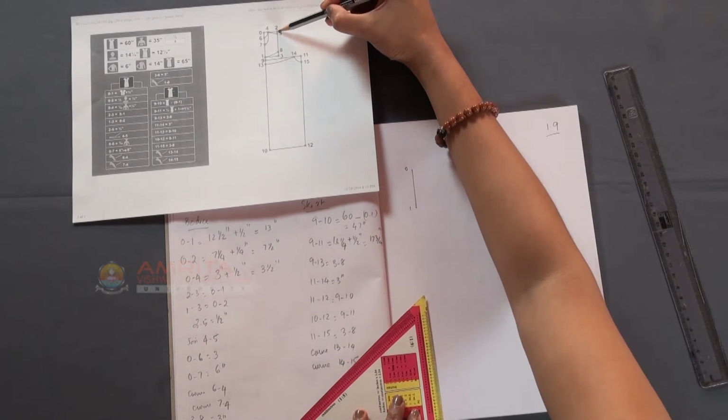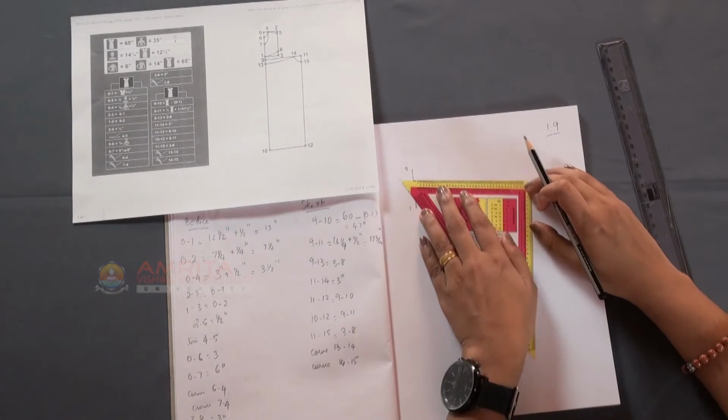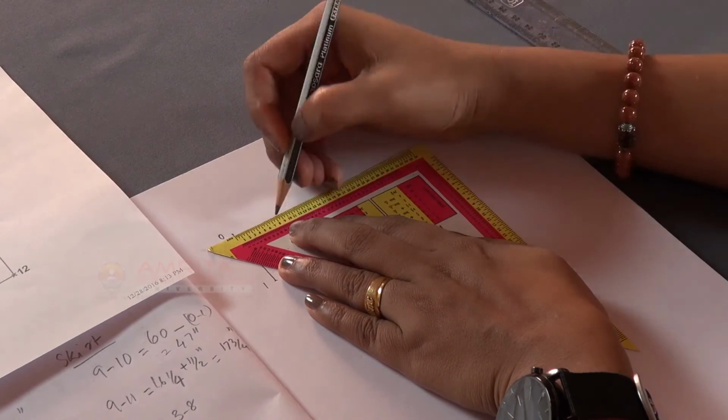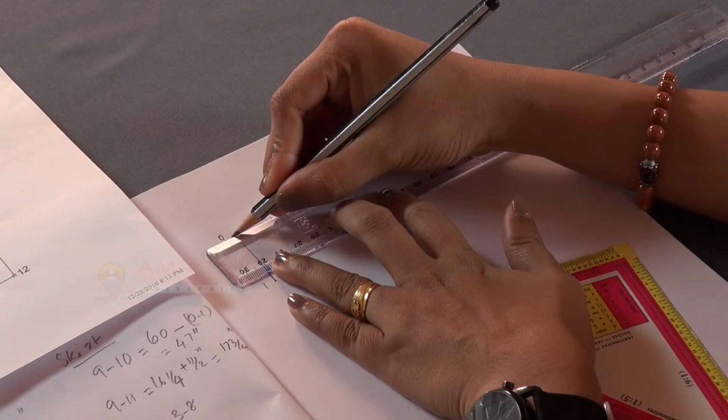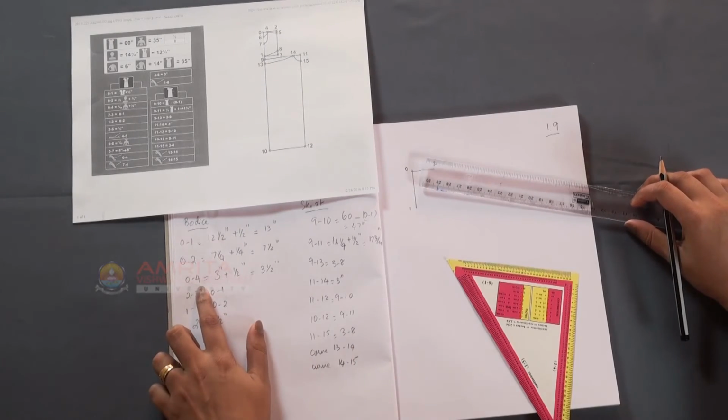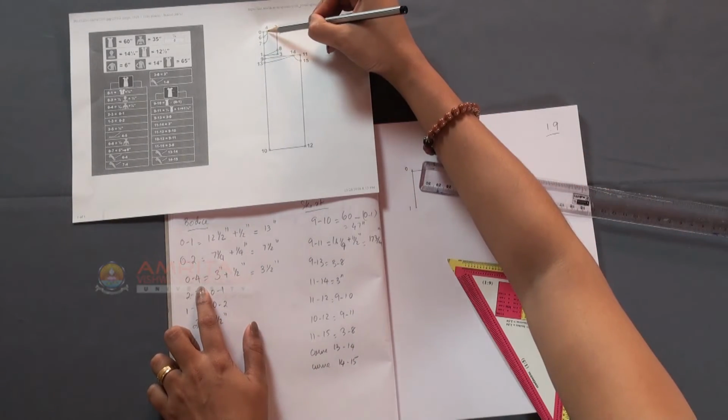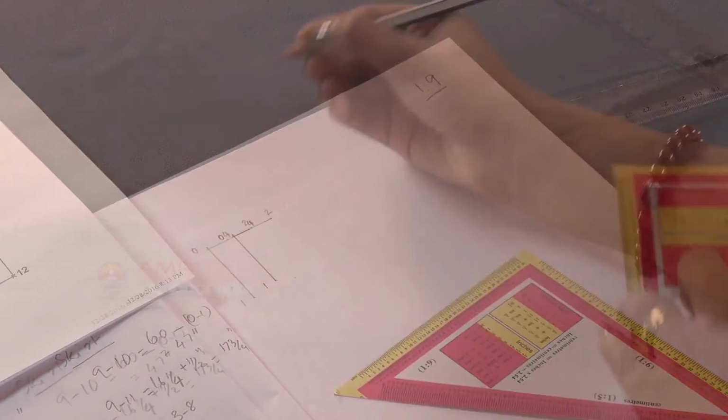Then we will draw the next line 0, 2, which is 7.5 inches. Follow the drafting instructions to construct the remaining lines of the bodice part.